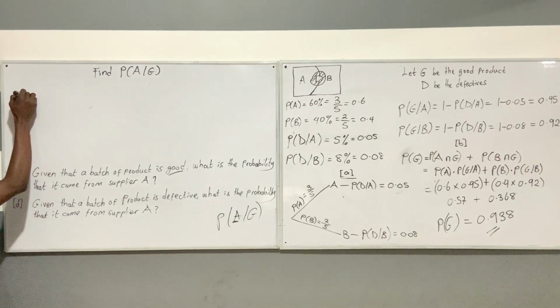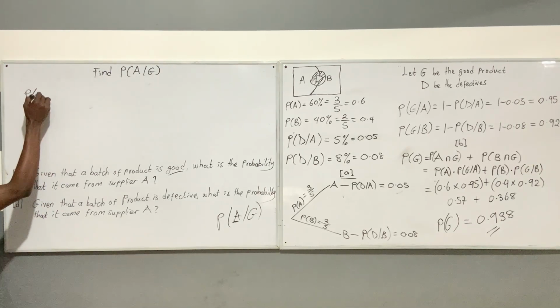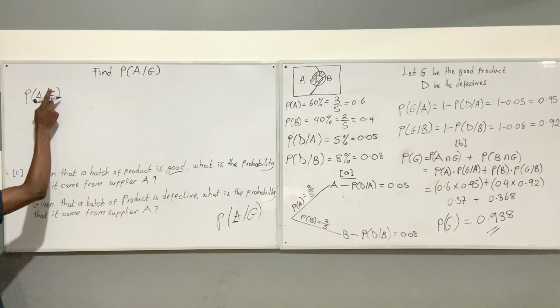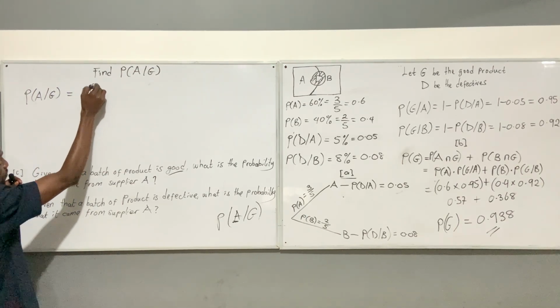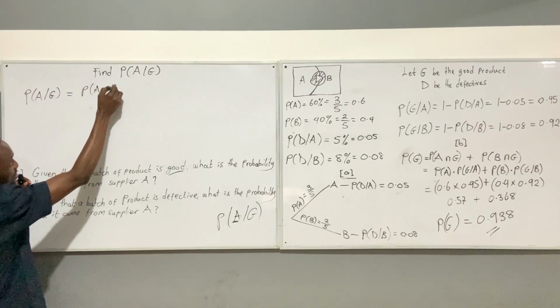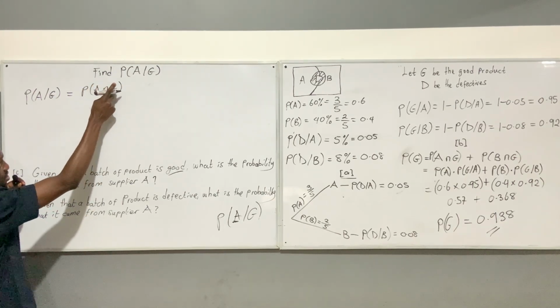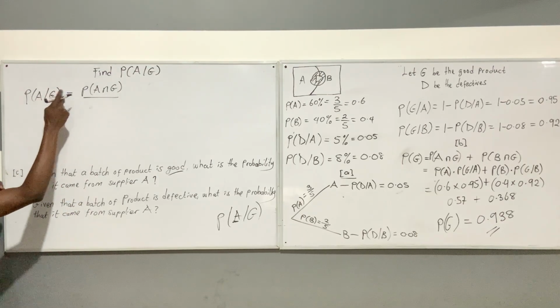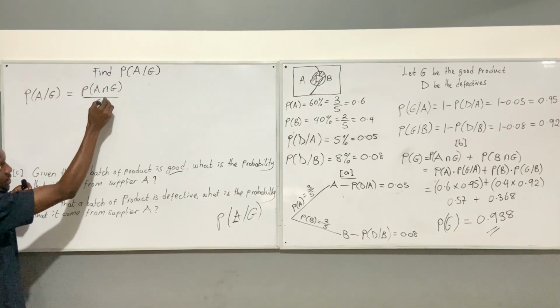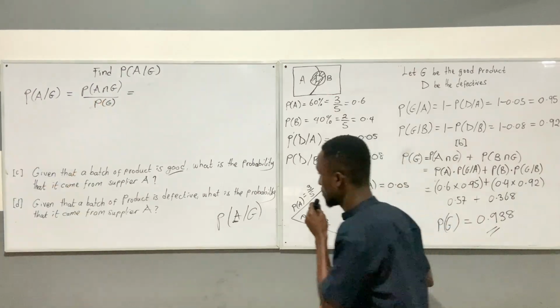That formula gives us the conditional probability of A as G has occurred, or as the product is good. It will give us the probability of A intersection G, the probability of A and G occurring together, divided by the one they gave us to condition on. You take the probability of that, P of G. Now watch here.